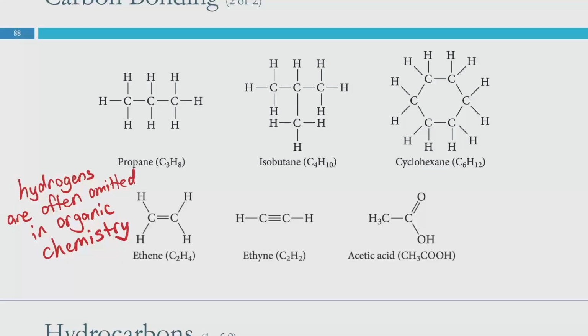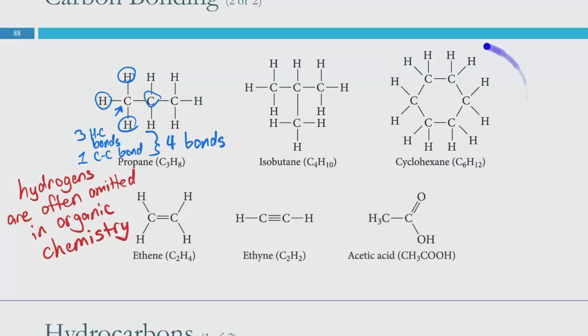So some examples. If we look at the far left carbon in this propane, it's got 3 carbon-hydrogen bonds, and then it also has 1 carbon-carbon bond for a total of 4 bonds.